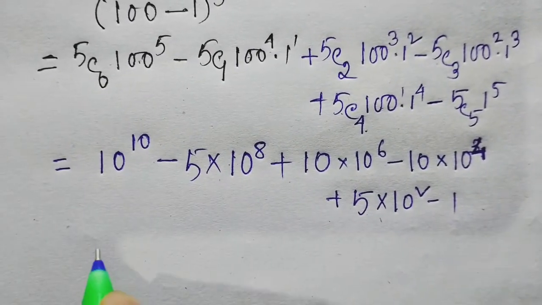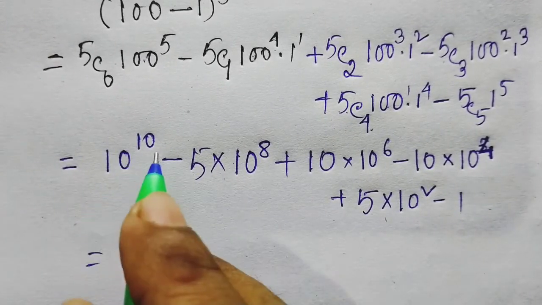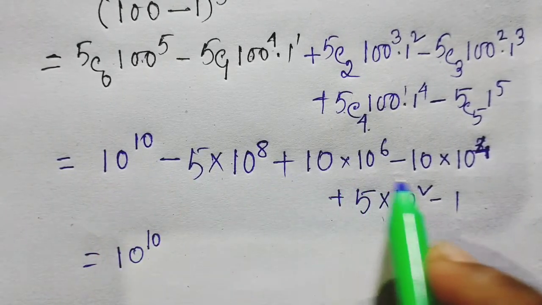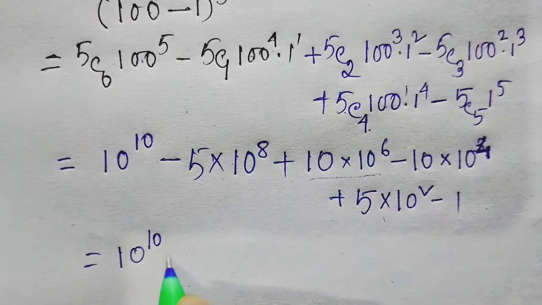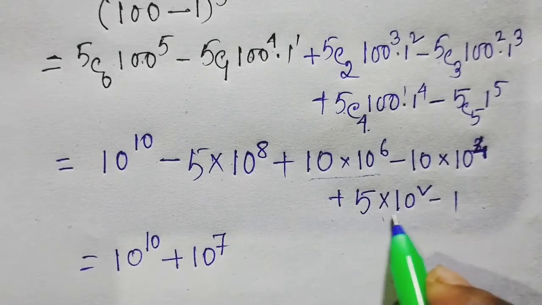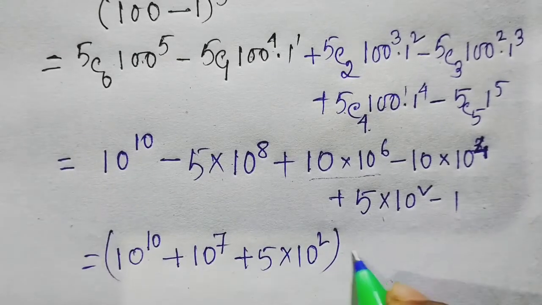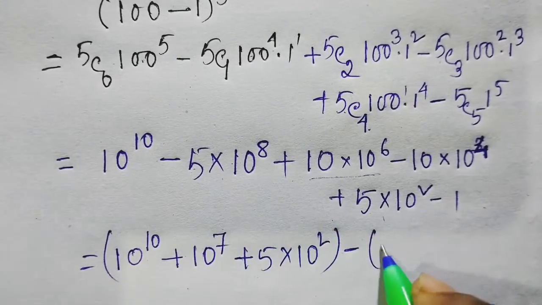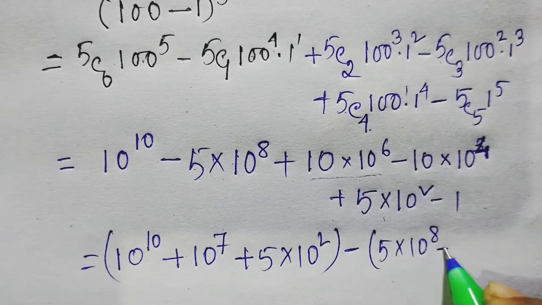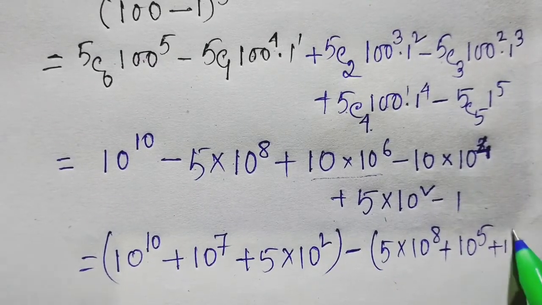Now here 10 to the power 10, here is 10 to the power 7, so plus 10 to the power 7, so write all the positive terms. Here is 5 into 10 square, so write here 5 into 10 square, and minus 5 into 10 to the power 8, here the negative terms, minus 10 to the power 5 and plus 1.